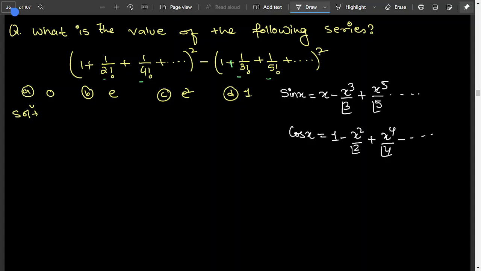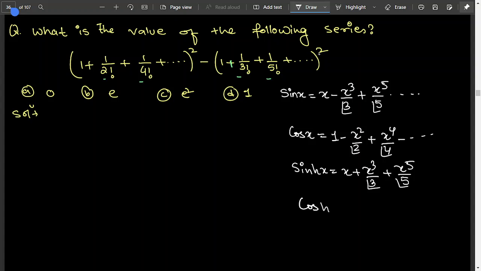Similarly, if we talk about the sine hyperbolic, we will get x, every term will be positive, but it will be same as trigonometric sine, but in hyperbolic we will get all the terms positive, so plus x5 upon 5 factorial.